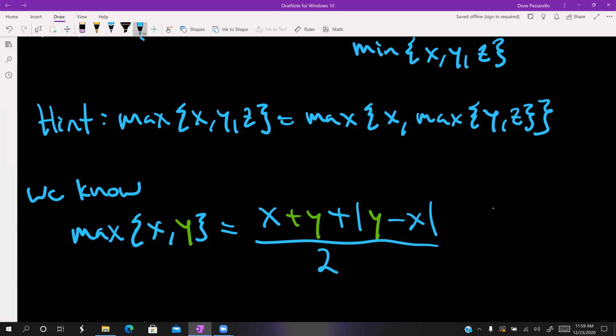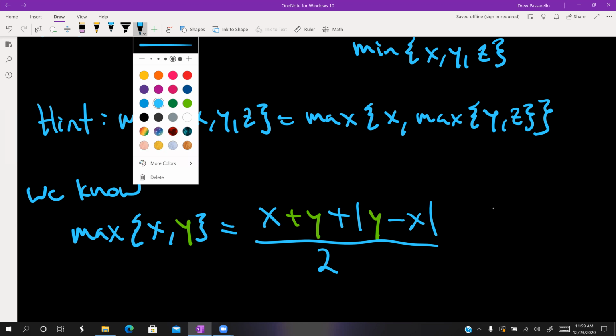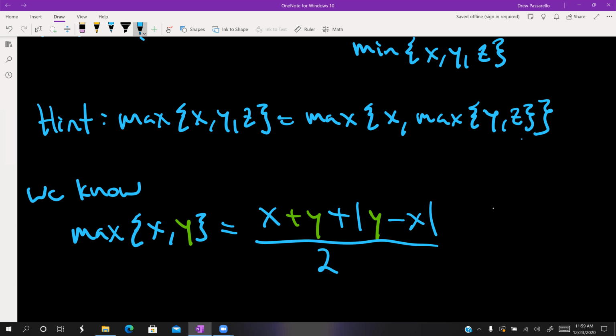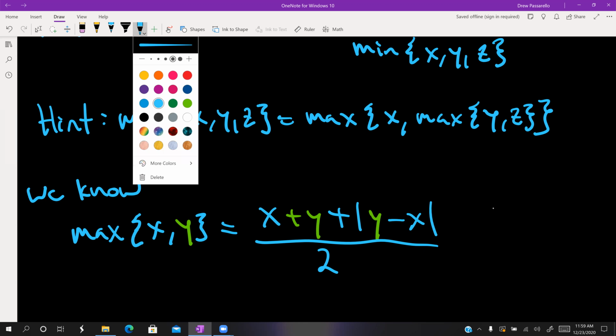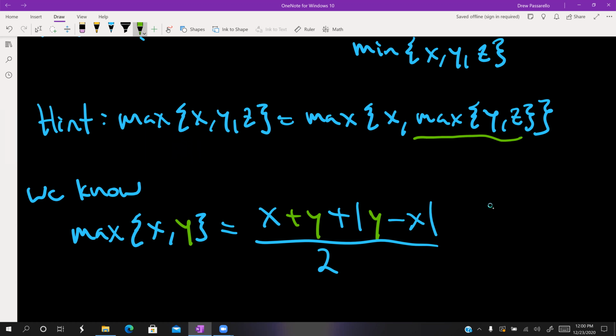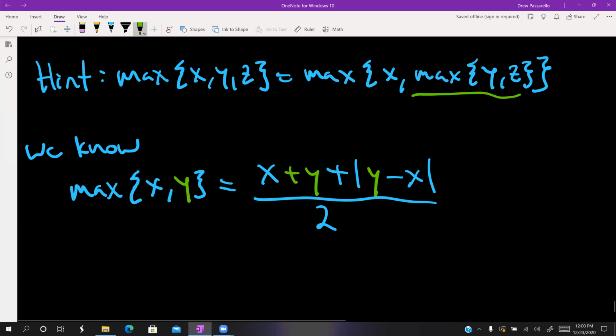Now, the reason I did that in another color is because where you see the spot for y, we can put the max of y and z in that spot. And that'll give us our formula.